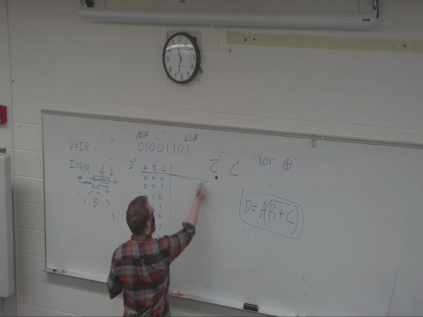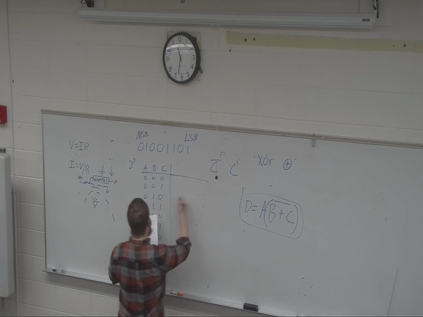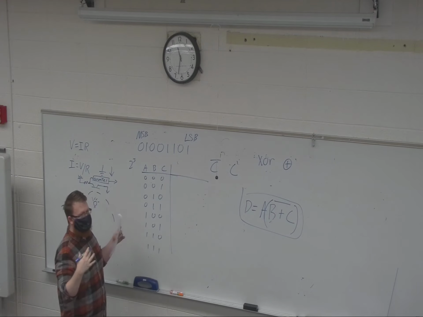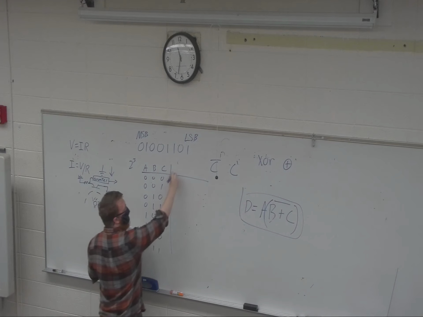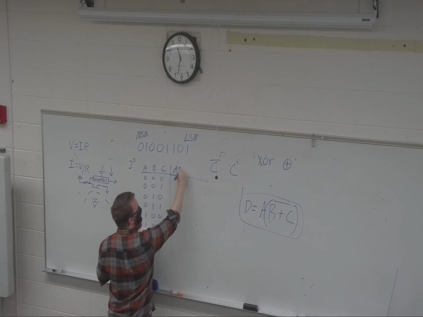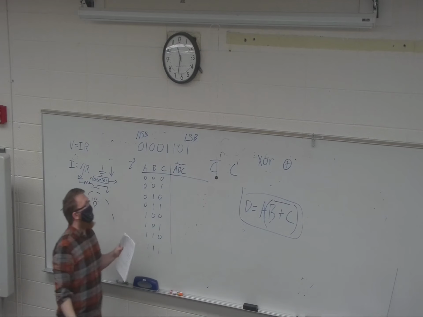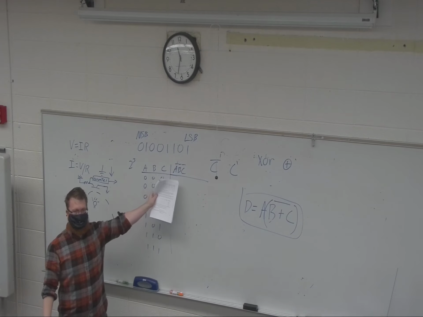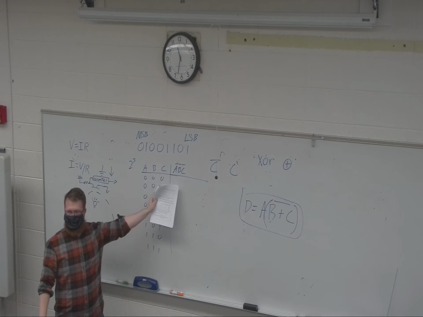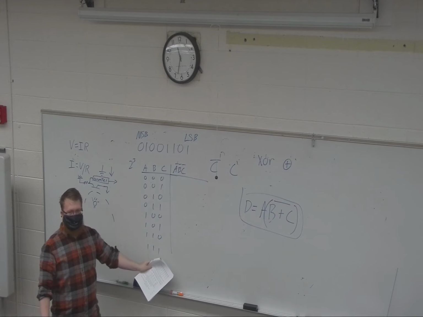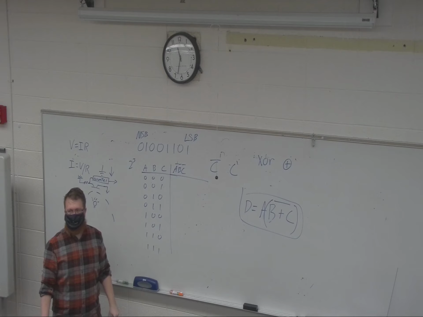And then on this side of the table, we're going to show various operations. So for one of these, not A, not B, not C. Quickly run through and write down what that truth table ends up being.